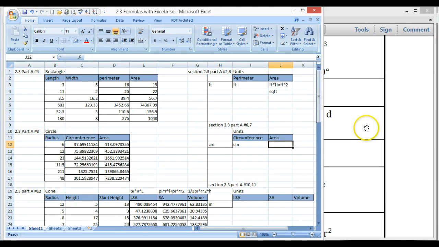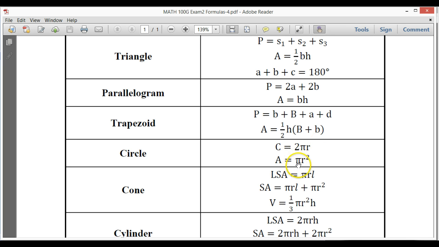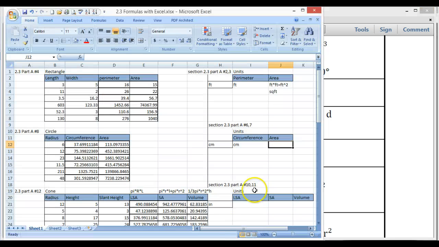Now area, I have pi r squared. We talked about pi having no units attached, but radius does. A radius is a length or a unit of length. And in this case, I have radius times radius.